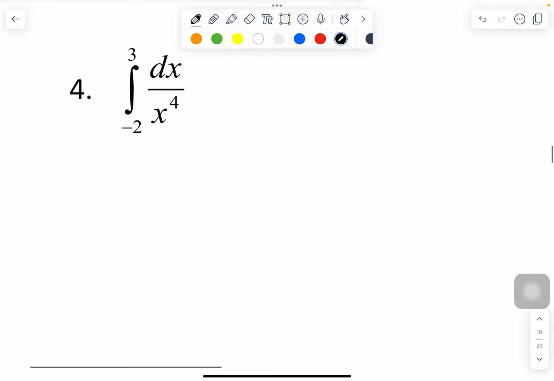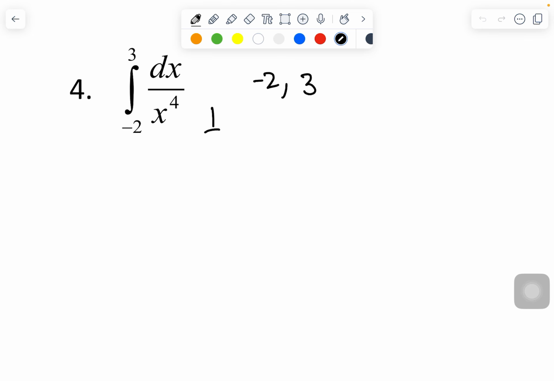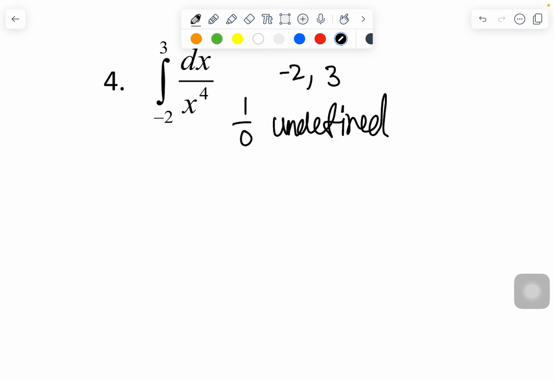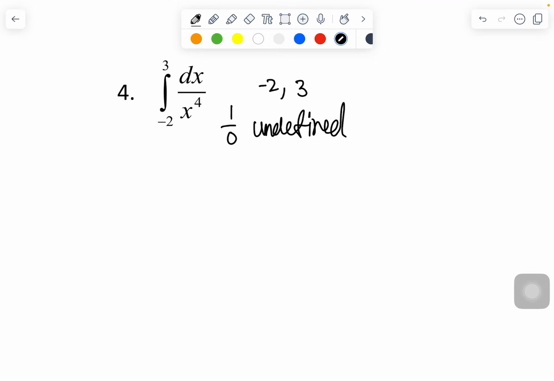And now lastly, this is going to be a tough one to spot, that you have to use an improper integral. But as we can see, if we use the value 0, which is on the integral from negative 2 to 3, then we get 1 over 0, which is undefined. So we have to use an improper integral. And we'd actually have to use 2 here, since we have to go to 0 and then go to 3 separately.